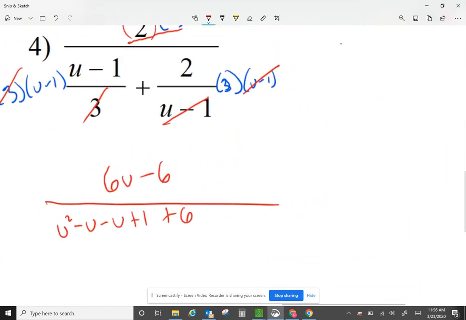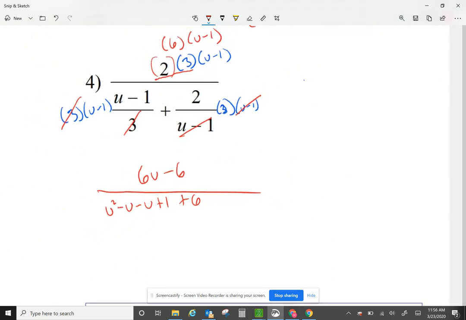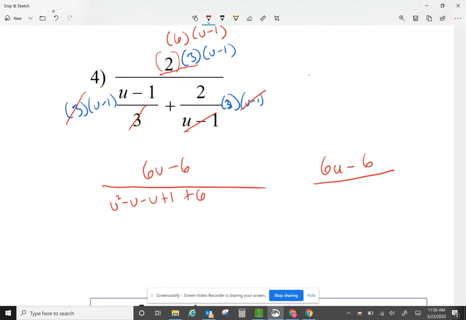Let me simplify what I can. On the top, I have 6u minus 6. Nothing I can simplify. Looking at the bottom, I have u squared minus 2u plus 7. If I have to write it, I'll just leave it like that.